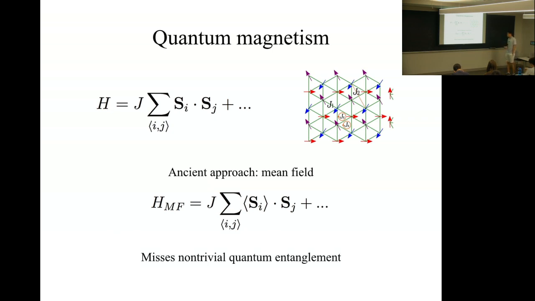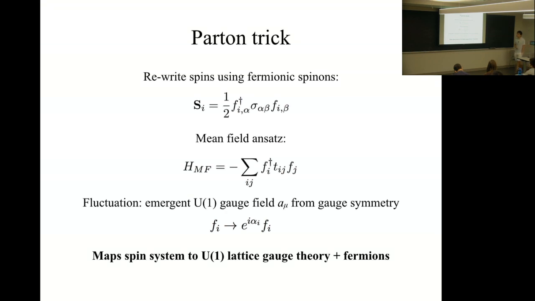The problem with this approach is that the kind of state you get is almost guaranteed to not be highly entangled. So nowadays, when we want to understand more exotic or highly entangled phases, we need to do something better than that. One trick that has been fruitful is called the parton trick.